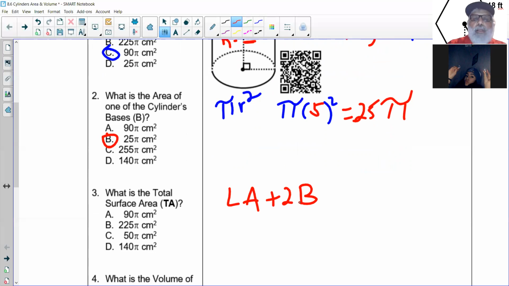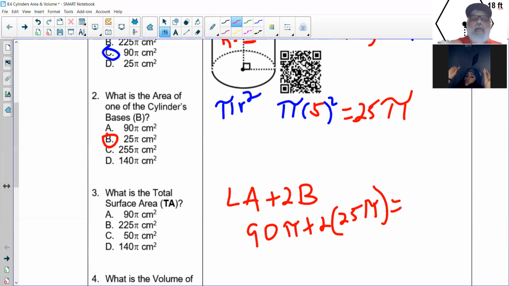So we're just going to be plugging in. And then again, remember the answer is going to have pi in it. So I'll take the pi out. So all you got to do is 2 times 25 plus 90.